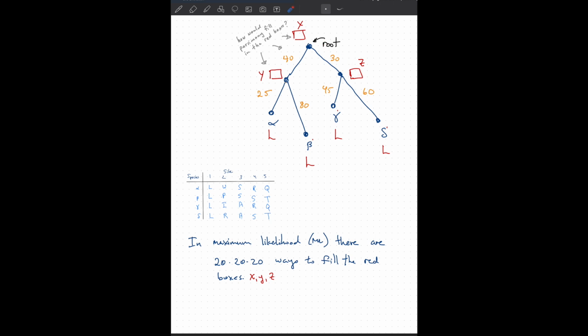As an interesting thing here, ask yourself, what would parsimony do here? Well, parsimony would put an L and an L and an L and say, I score 0 and I'm done.